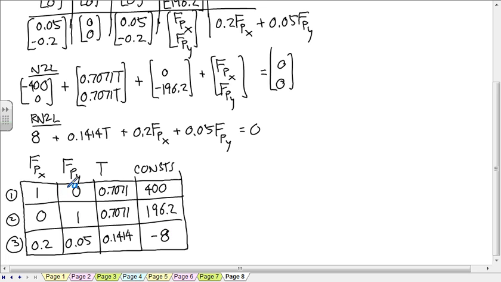And if you make this matrix, use RREF, what do you get for the answers? Anyone do that yet? 2766. Okay.